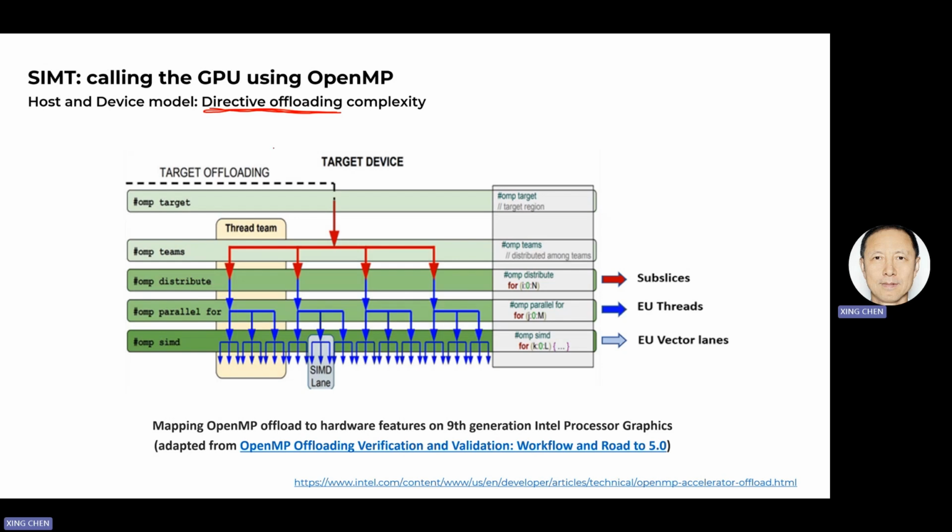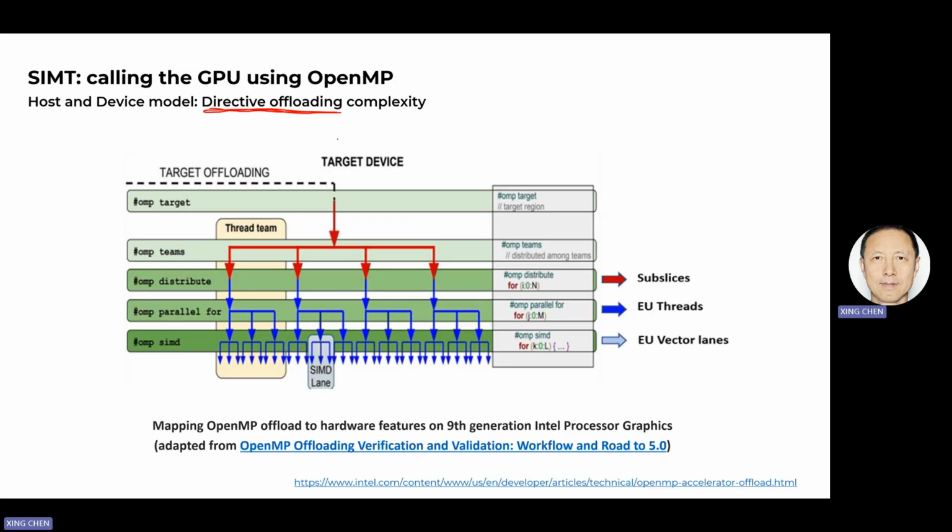I mean the parameters to tell the GPU how to organize the threads into blocks, and later on into grids, etc. You don't need to deal with all these kernel function call complexities, but you just need to use the directive to tell the runtime system to do the offloading, and the runtime system is going to do the offloading automatically for the programmer.